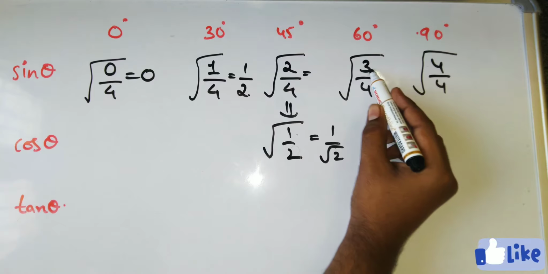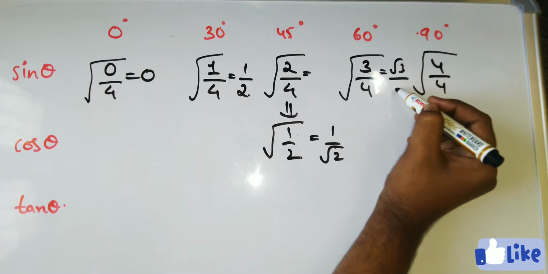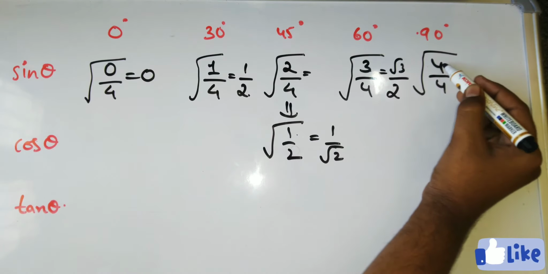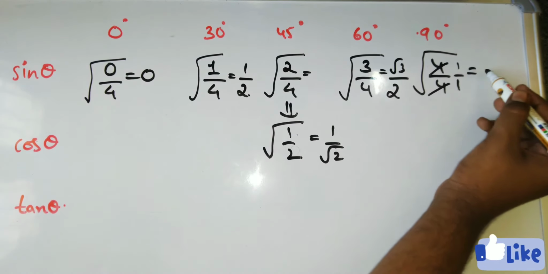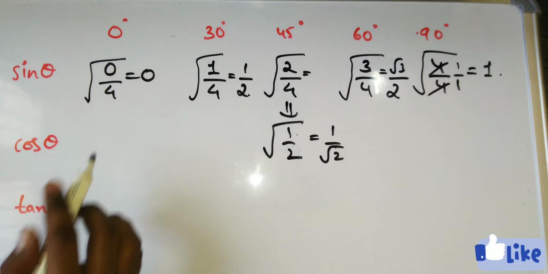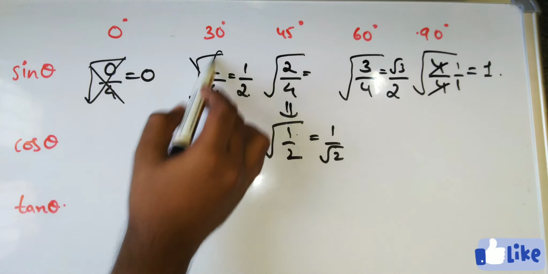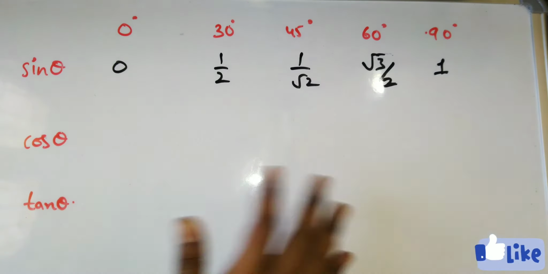Square root of 3 by 4 is root 3 by 2, and square root of 4 by 4 is 1 by 1, that is 1 itself. So this is the procedure you need to write. Now you just remove all these things and write the values. You will get the same values. So I have written all the values that I have got.